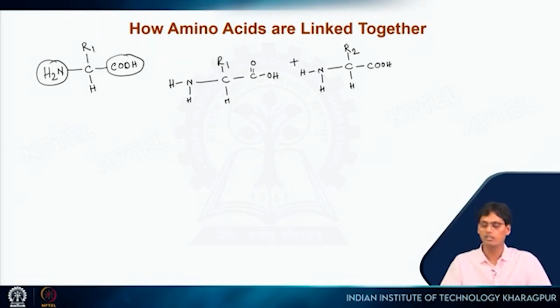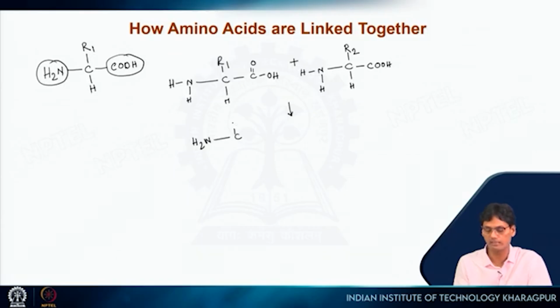COOH. If those two amino acids react together, they make a structure like this, H2N, C, R1, H, C, O, and this OH and this H from the next amino acid leave as a water molecule.